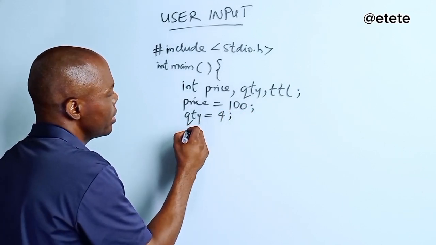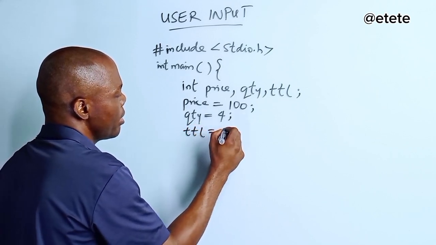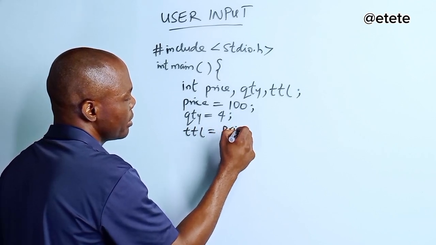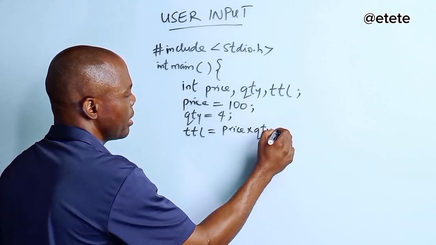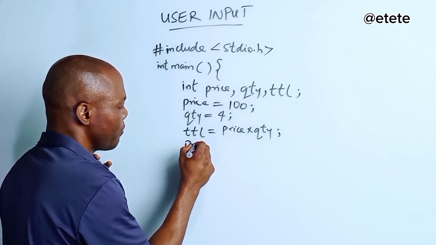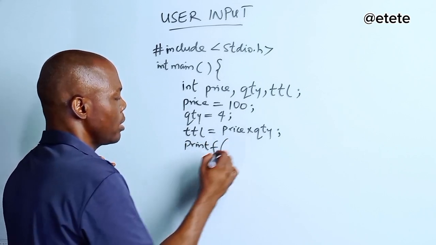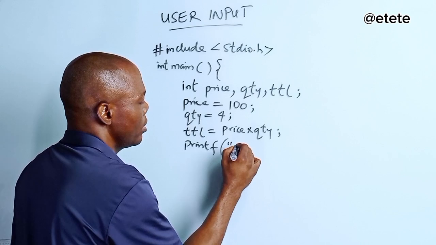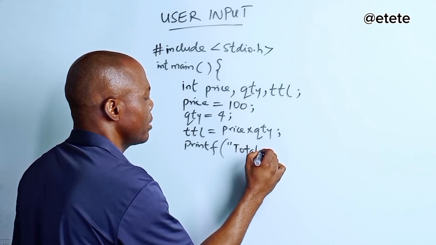Here I will say total, which is the TTL, price multiplied by quantity, right? And then I'll close this here. Then I can come here and I'll say printf. I want to project it on the screen. Total, right?